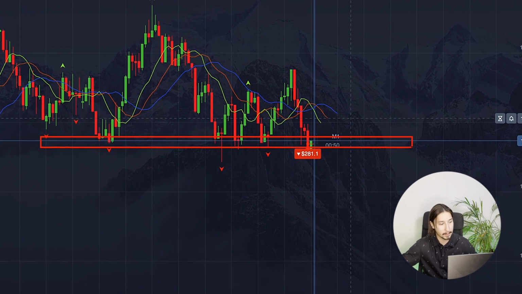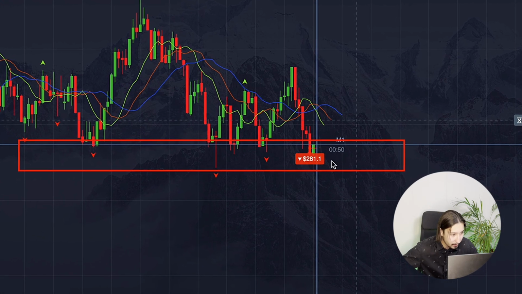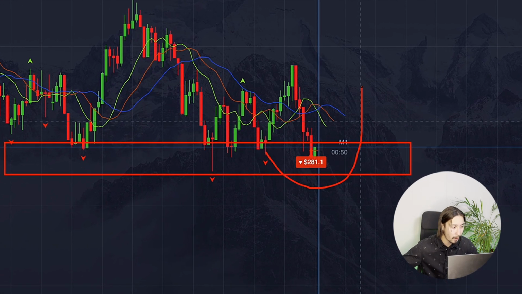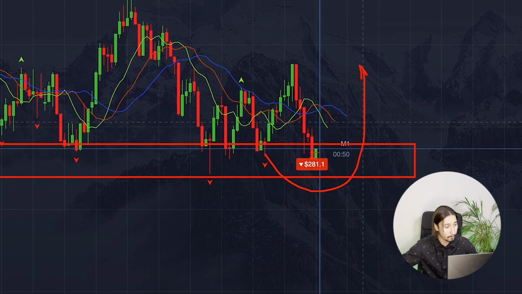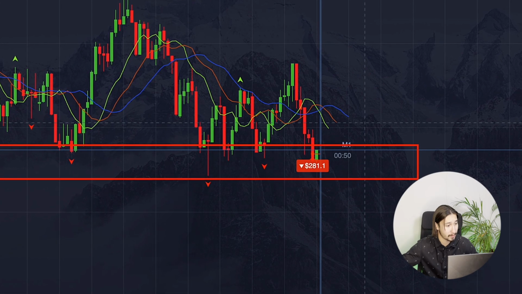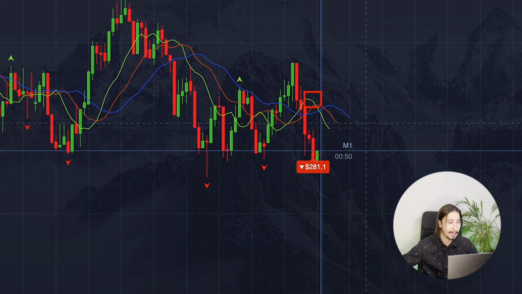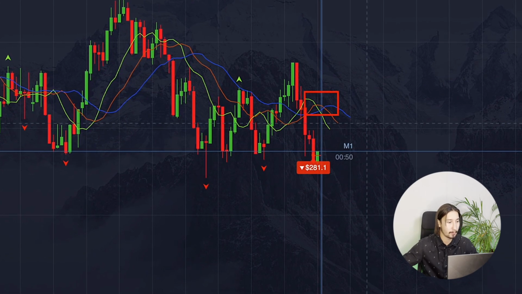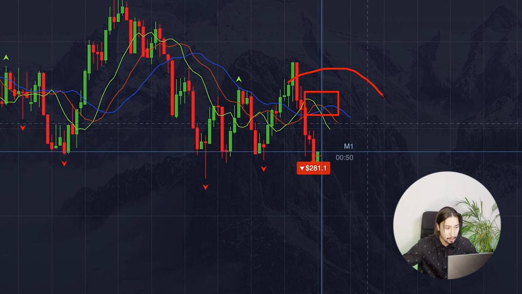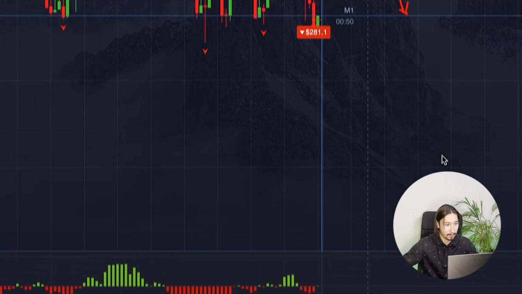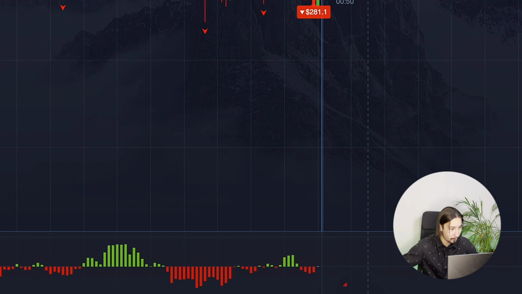Since we have this area, and regardless of the indicator patterns, here the price can bounce up. But focusing here on the intersection of moving averages, alligator lines, there was also a change in the volume movement. On the histogram you can see, and the color also changed, right? So I opened a deal for short here.